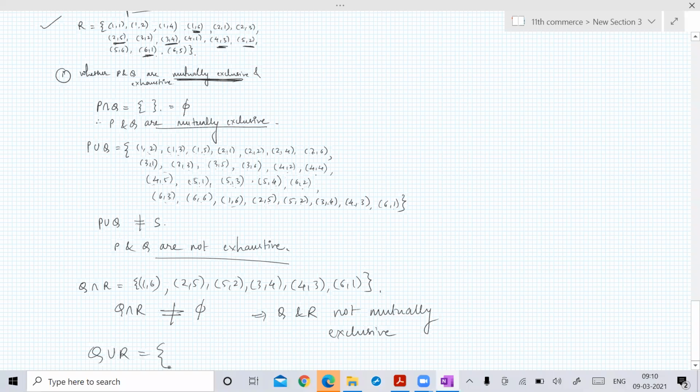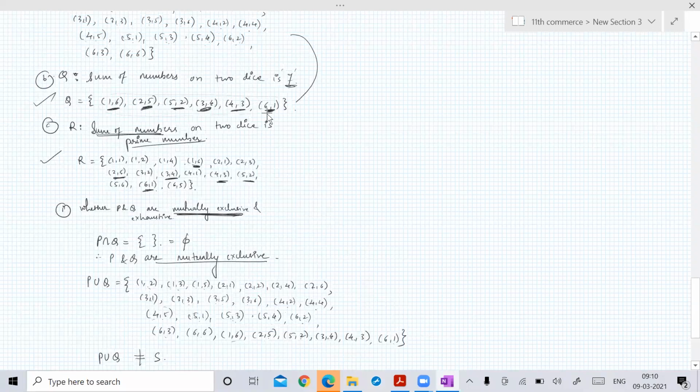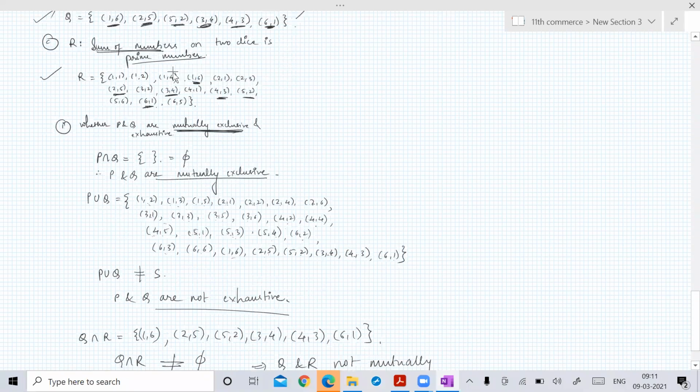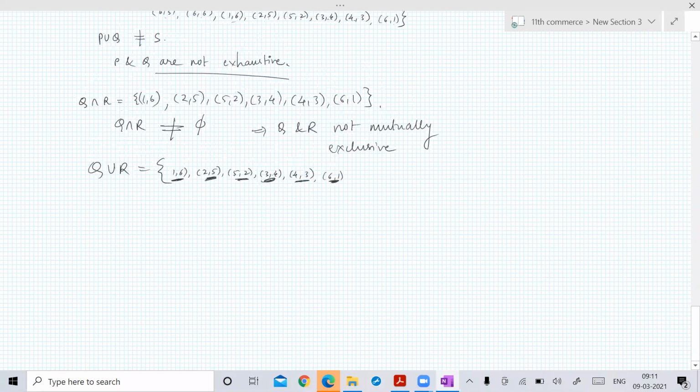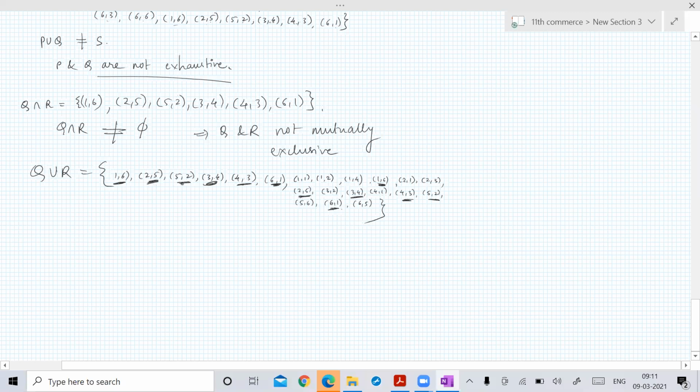Q union R. Q के सारे एलिमेंट्स, this is Q and this is R. तो Q यूनियन R में कितने एलिमेंट्स है? 1 2 3 ... 19, रिपीट हुआ है कुछ ना? 6,1 डबल आया, 1,6 डबल आया, 2,5 is also repeated, 5,2 is also repeated, 3,4 is also repeated and 4,3 is also repeated, है ना? जो repeated है वो नहीं चाहिए हमें.